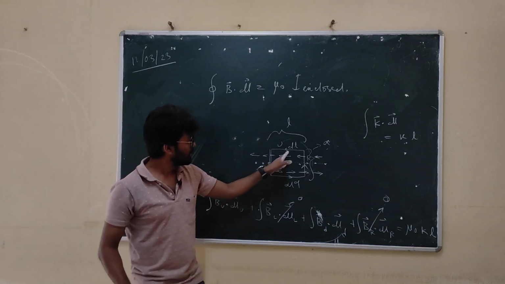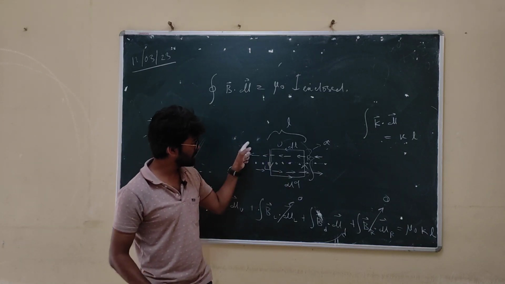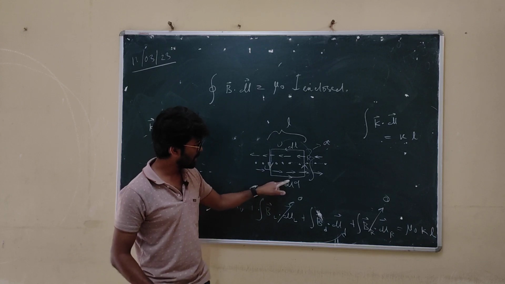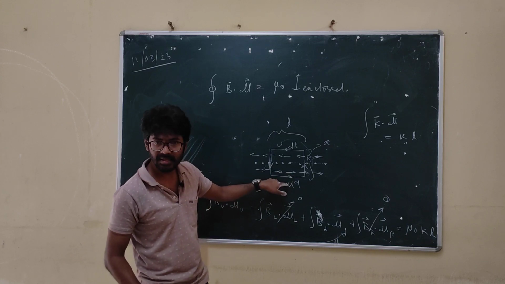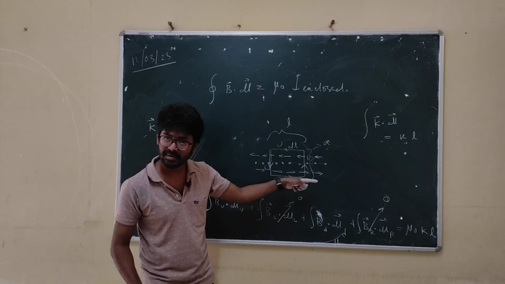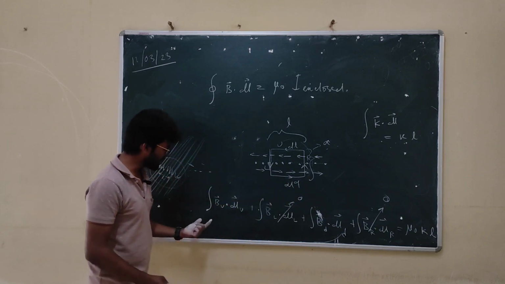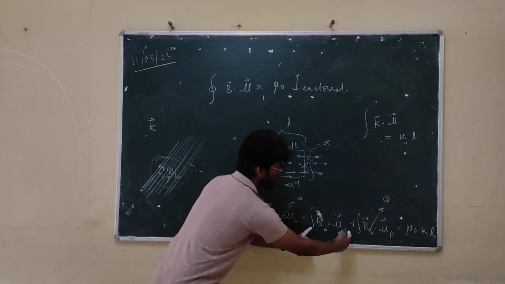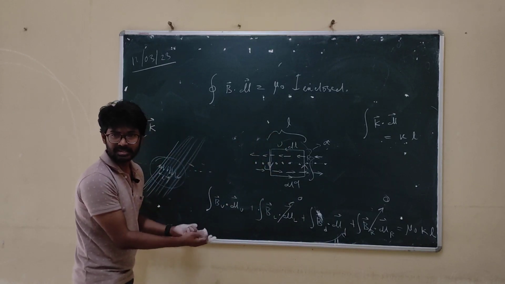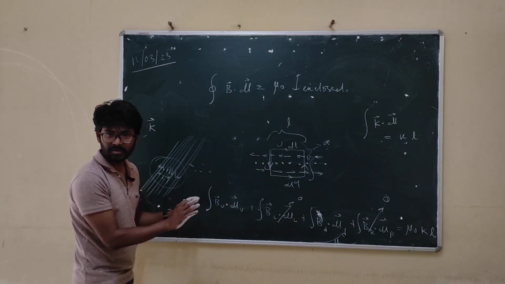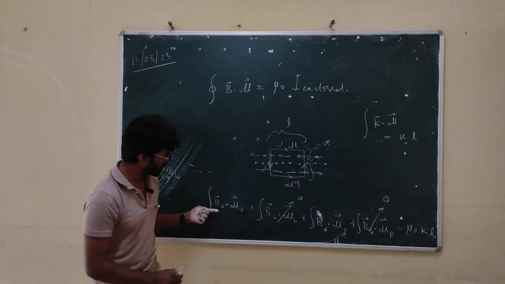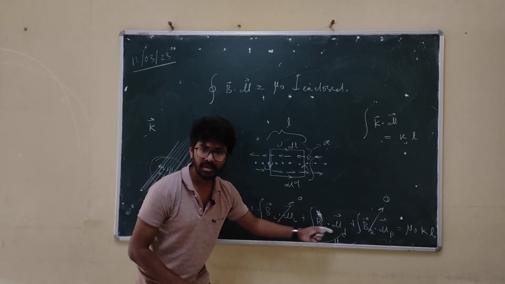And look, dl and B have the same direction here. Again, B and dl have the same direction even here. And the magnitude is the same. So B dot dl, they're the same.